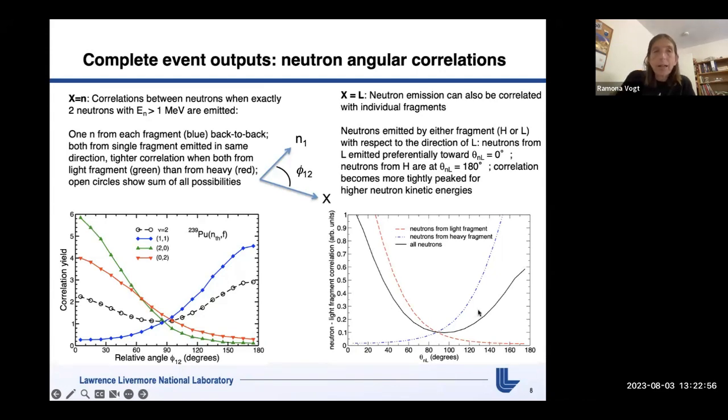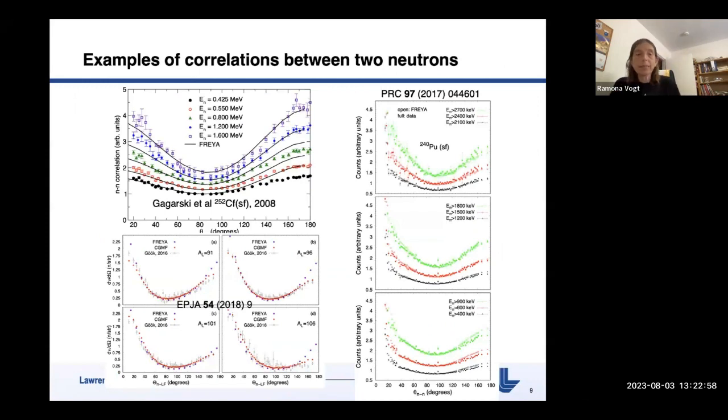So these are just some examples of data that have been taken as function of, and say this is versus the light fragment, and then these are all neutron correlations over here, and you can see how they changed a bit with the minimum excitation energy.